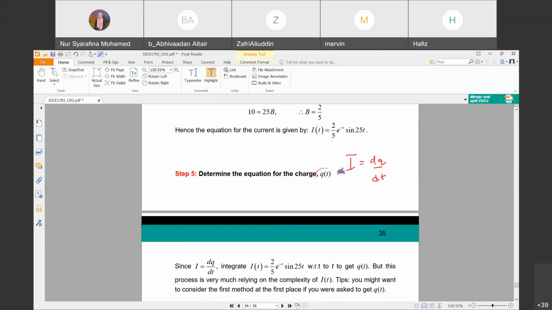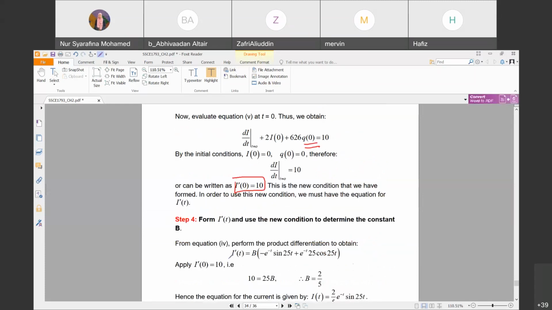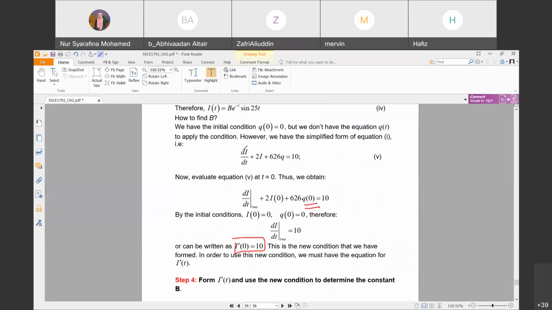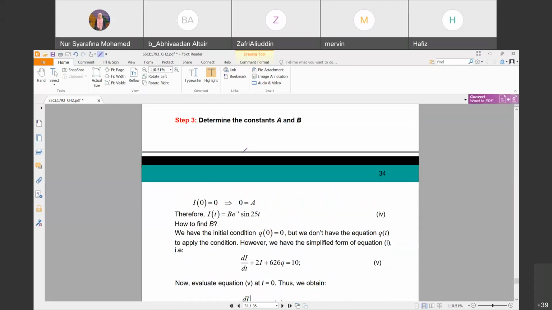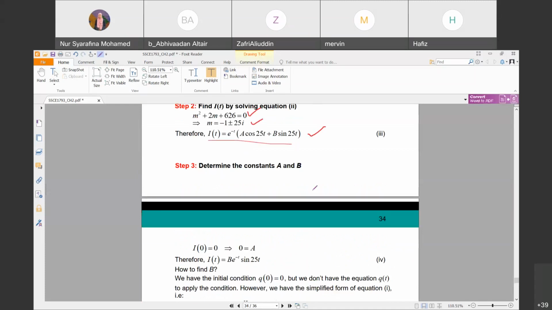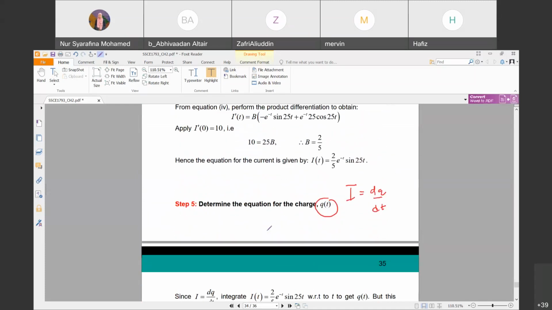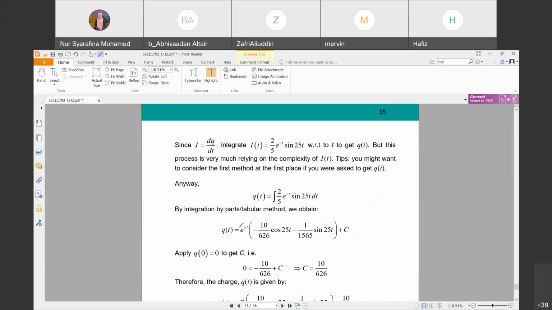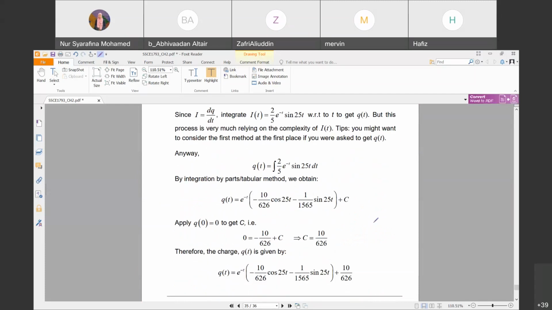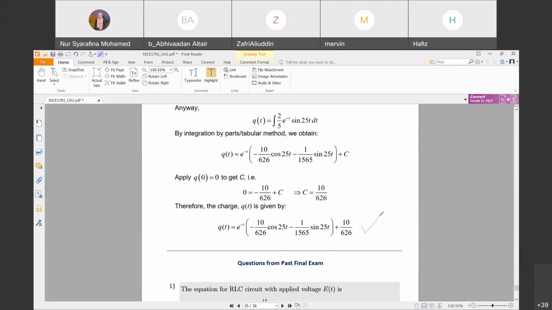And in order to find q, you just have to integrate I. You obtain the solution for I. This is the solution for I. So in order to get q, you just integrate I. Clear or not? So this is how you obtain q. All right. Clear, everyone? Okay, good.